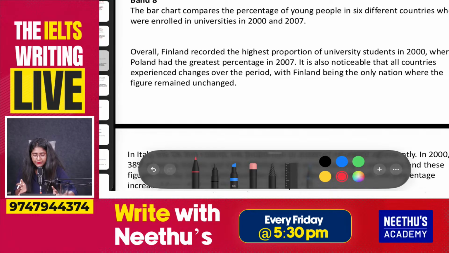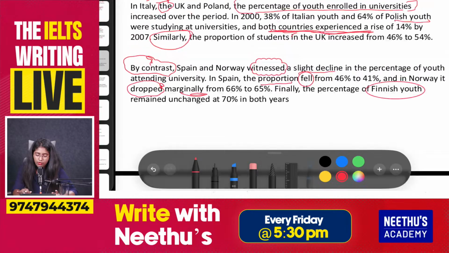Band 8: The bar chart compares the percentage of young people in 6 different countries who were enrolled in universities in 2000 and 2007. In the earlier one, what did we say?